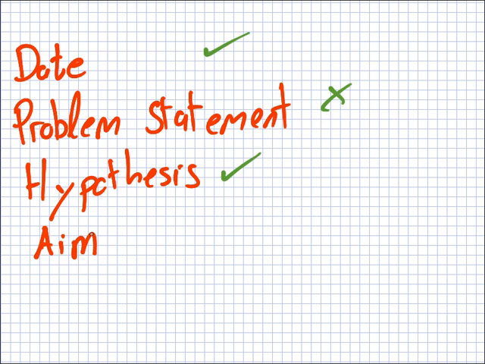So we'll use aim here. It's not quite the same thing as objective, but at this level, nobody's going to make a big deal getting the two mixed up. I think this is more of a concern for the master student.